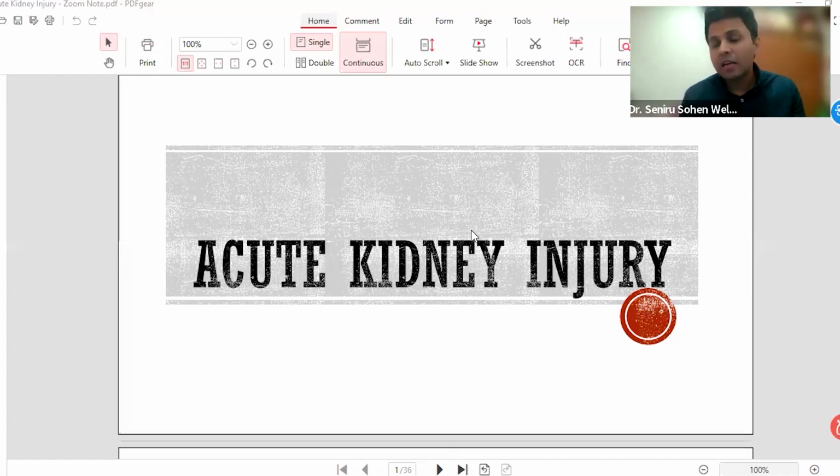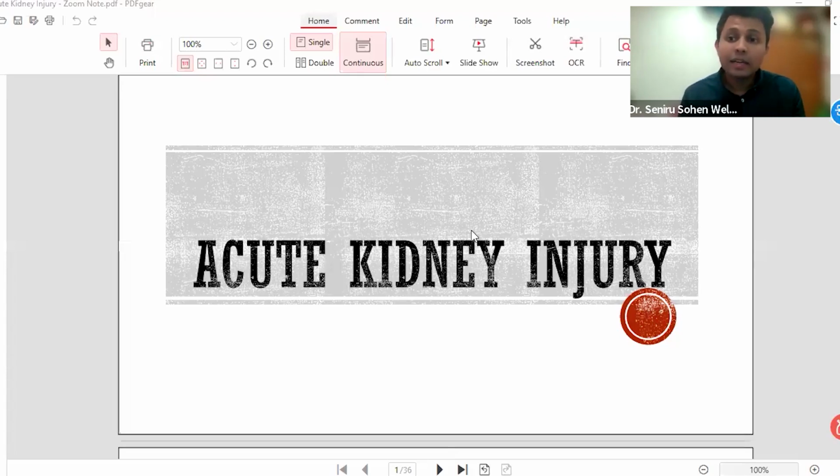That is why some would take oliguria as urine volume less than 0.3 milliliters per kilogram per hour for 6 hours. But for the purpose of this talk, we'll be taking oliguria as urine volume less than 0.5 milliliters per kilogram per hour for 6 hours.